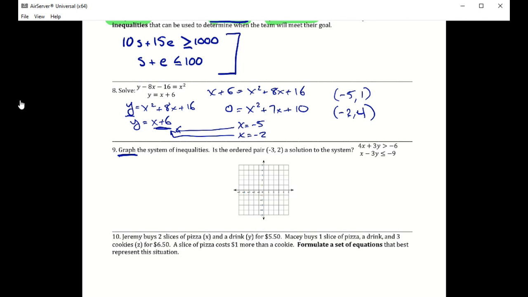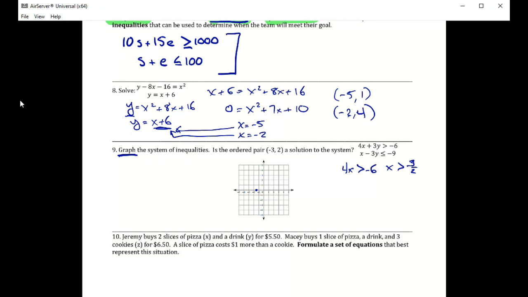But let's graph. The easiest way to do this, we're going to take our first inequality, and we're going to put a 0 in for y. So we have 4x greater than -6, x greater than -1.5. So we come over here. So our x-intercept is at -1.5.